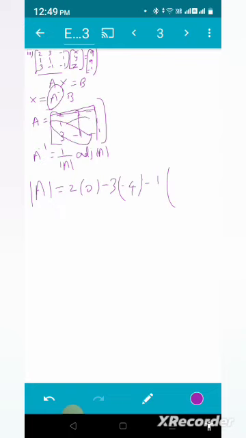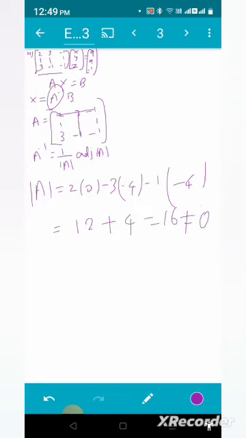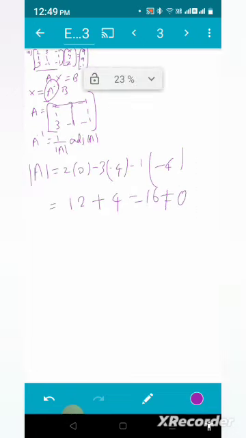Minus 1 minus 3, that is minus 4. So minus into minus plus 12, then plus 4, that is 16. 16 is not equal to 0. Therefore A inverse exists.